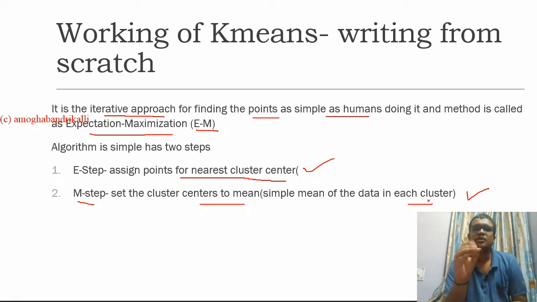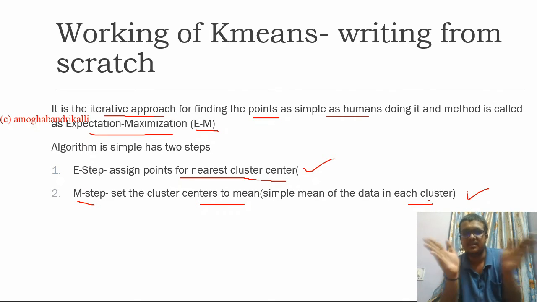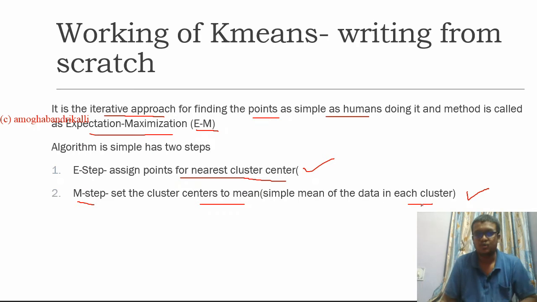So for this cluster you are performing a mean. Usually if the point is near to that cluster, the mean value will be lesser. Then the machine understands that this point has similar characteristics to the center, hence it is going to be clustered. So there are two steps.